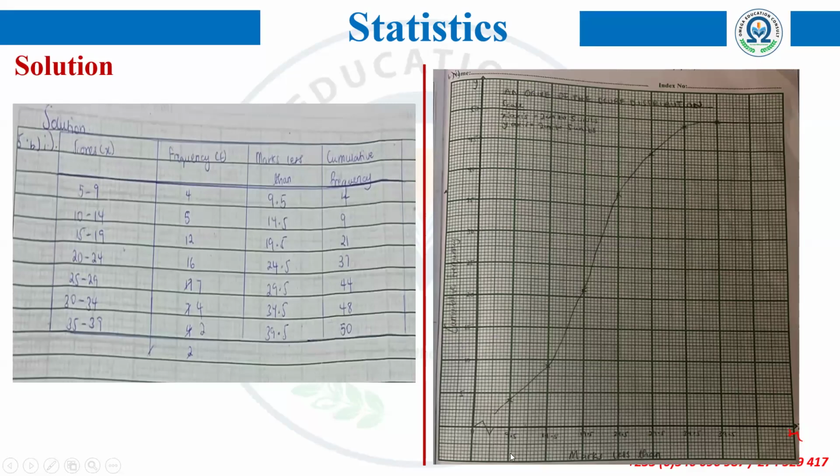In this case, this one could have started from the 9.5 here. In that case, you start the point from here, then you move. And please take note, you don't go beyond your first and your last points. So in drawing your curve, this shouldn't come in.